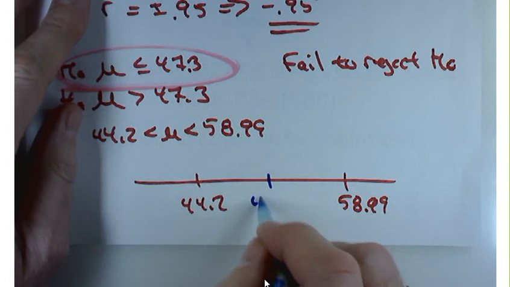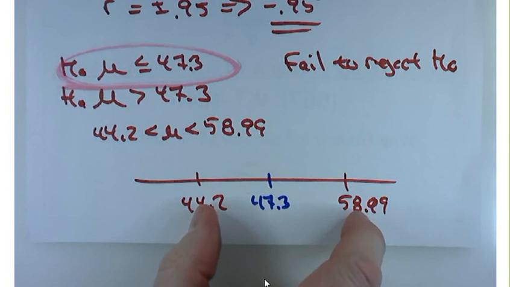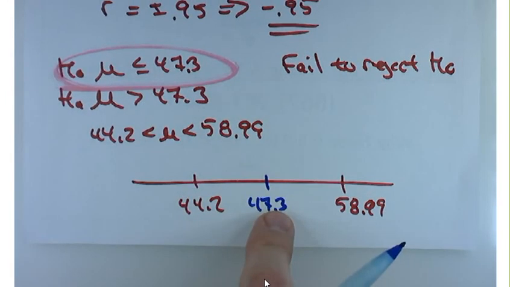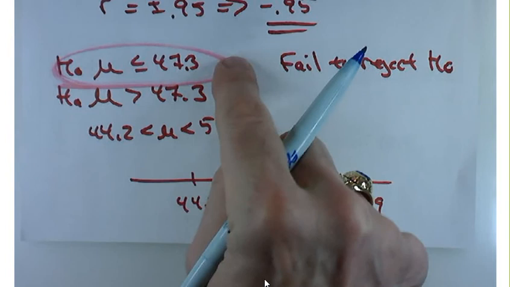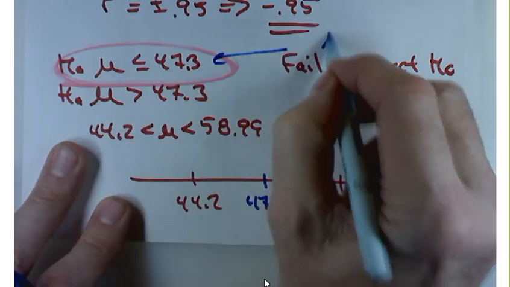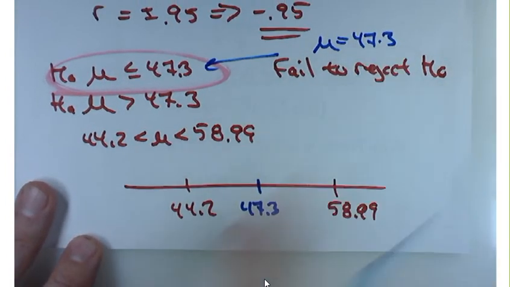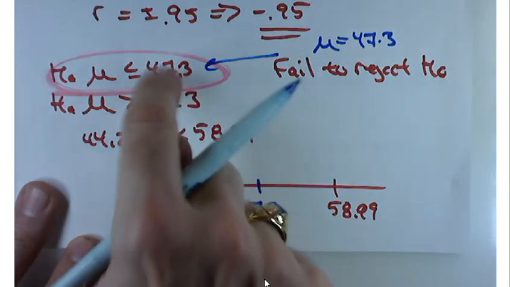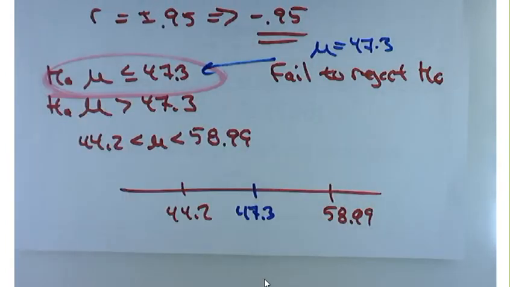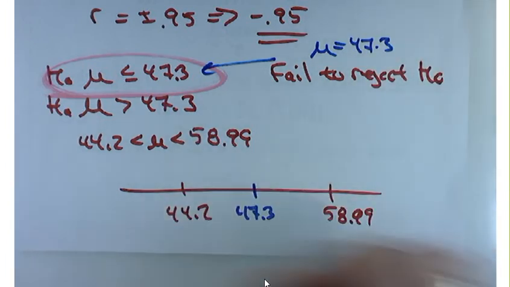And if you look at that 47.3, it fits right in here. That's where we believe that our population mean is. And guess what? We didn't reject it. So, this sometimes would be written as mu equals 47.3. And if we think it could be this, because it's in my interval, then I shouldn't be rejecting my null hypothesis. Those two match each other perfectly. So we fail to reject, and that value is in our confidence interval, where we think it should be. So we're good.